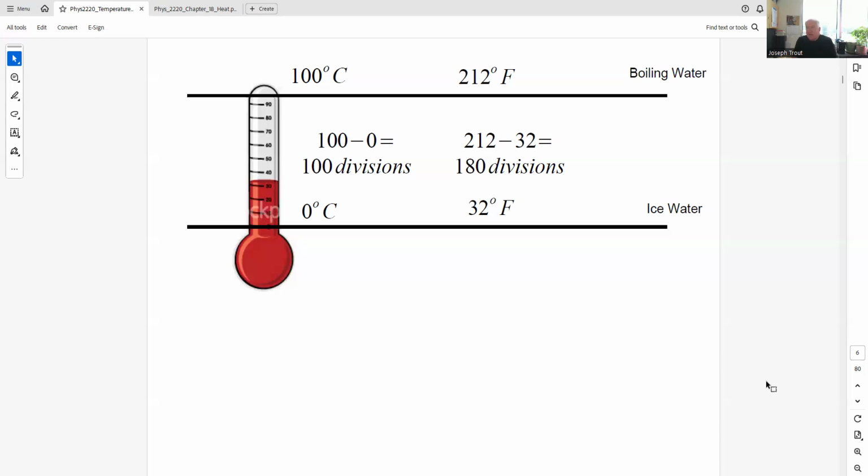The Fahrenheit scale is more precise in that it has more divisions. So we start at 32 degrees Fahrenheit and go up to 212 degrees Fahrenheit. And 212 minus 32 is 180 divisions.